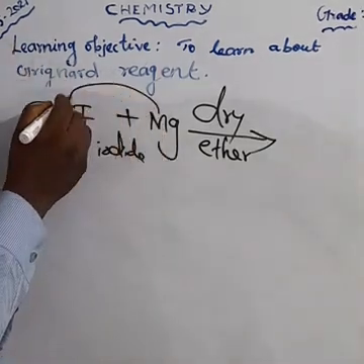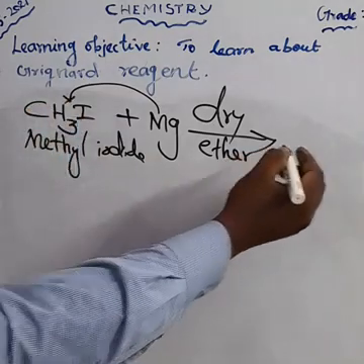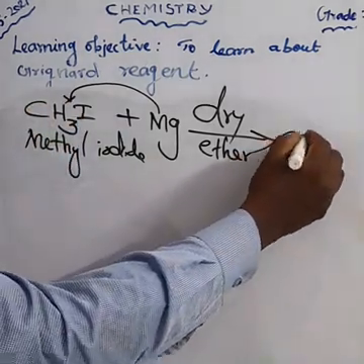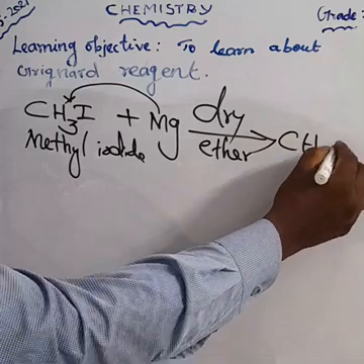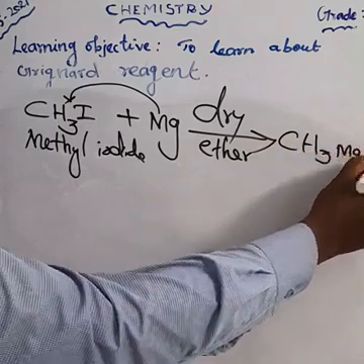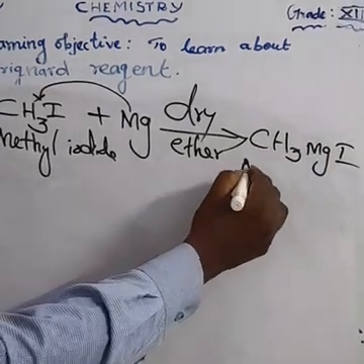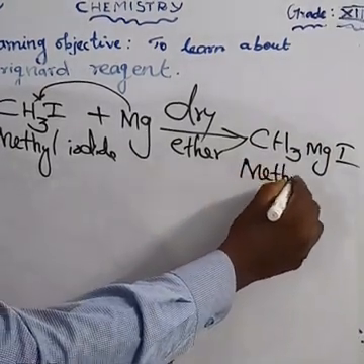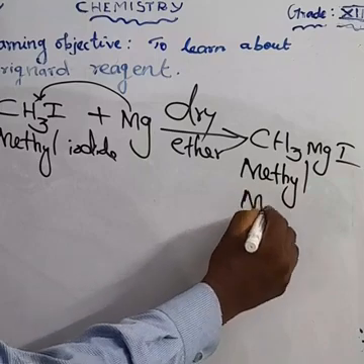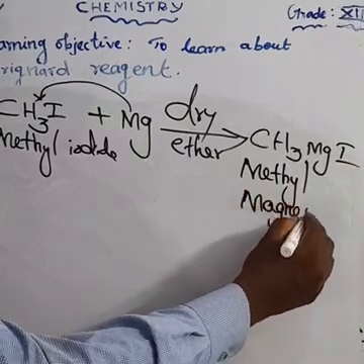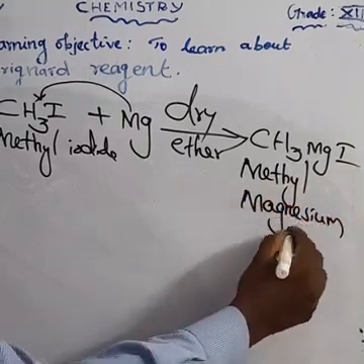Here the Mg metal is placed in the center between methyl and iodine. So we get CH3MgI. What's the name of this compound? Methyl magnesium iodide.